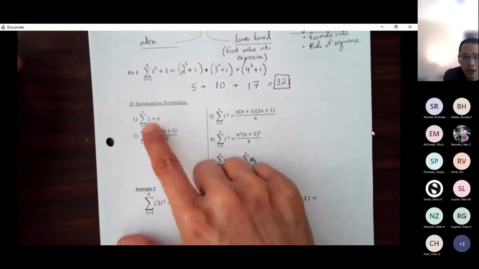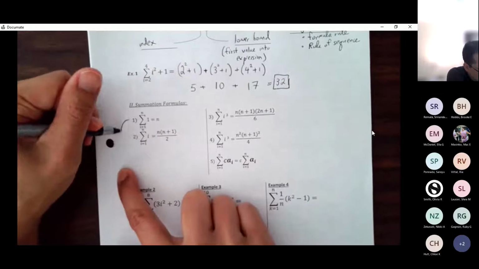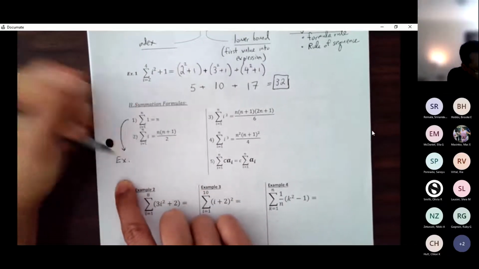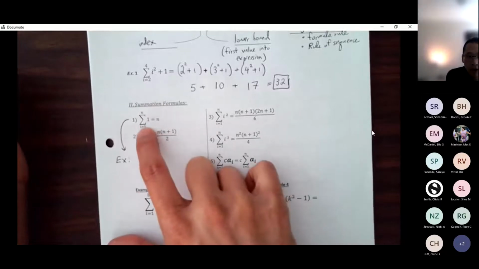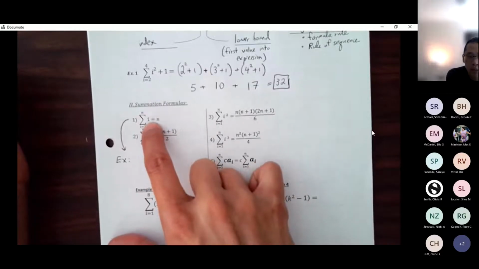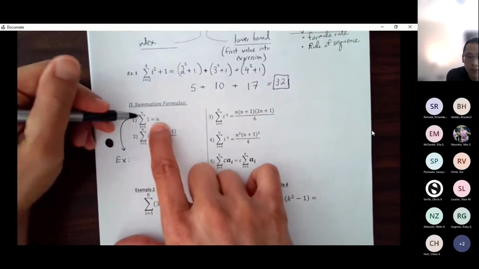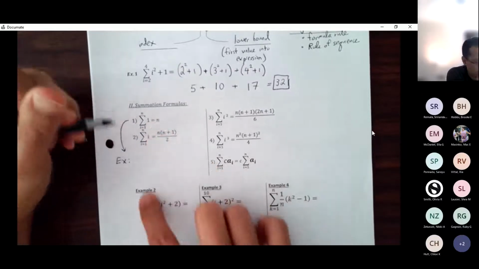Let me do an example of this first rule here. This is saying that I want to go from 1 to n, but my rule is just 1. When I do that, my sum is just going to be the same as the upper bound. So here's an example.